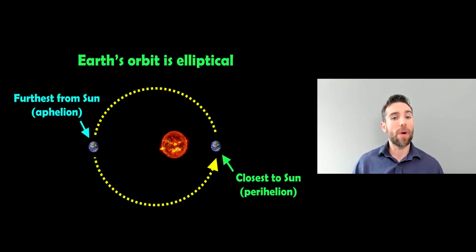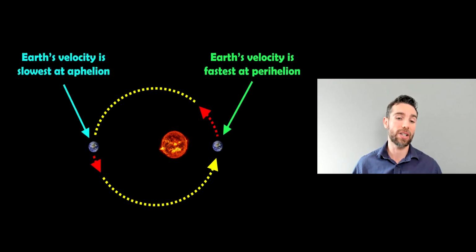And the next thing to bear in mind is that Earth's orbit is elliptical. Now this is quite exaggerated, but the furthest location from the Sun on its orbit is the aphelion, and the closest is the perihelion. And at those locations, your orbital velocity actually changes. So at the aphelion, the Earth's velocity is slowest.